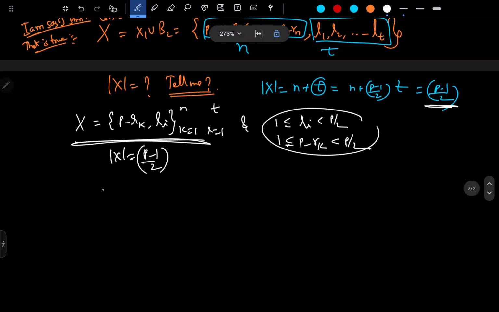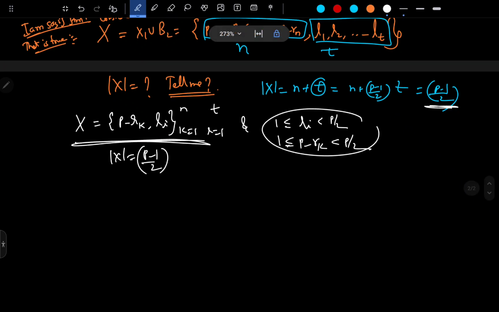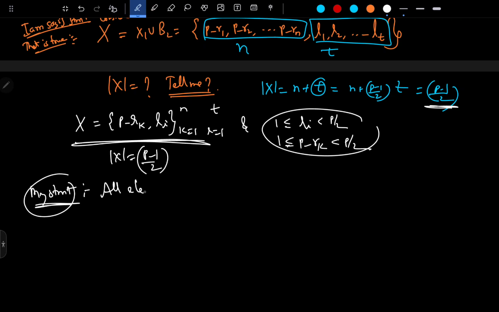So can we conclude like this? The set X contains 1, 2, 3, okay, fine. My statement is that all elements in set X are distinct elements.